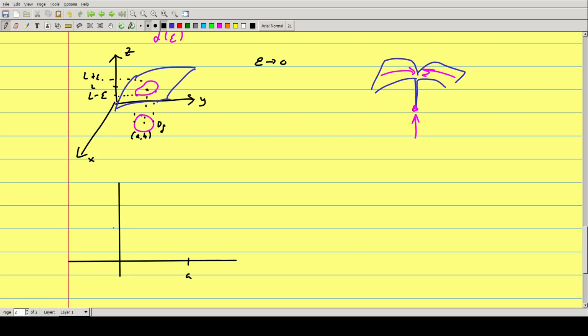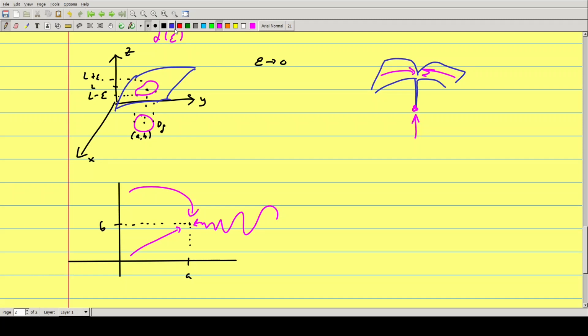If I want to know what's going on at some point here, I can come in on this straight line. I can come in on this parabola. I can come in on this squiggly line.